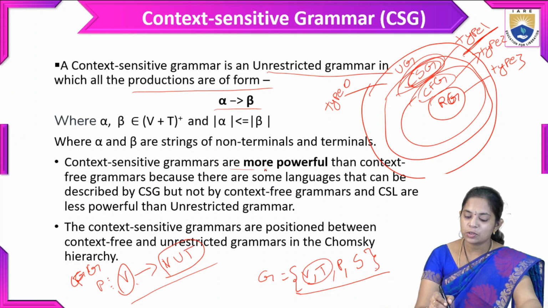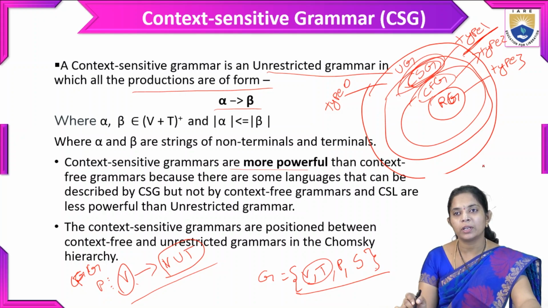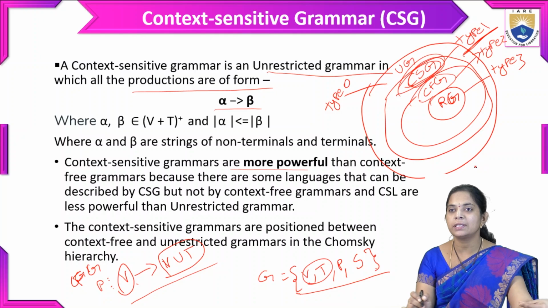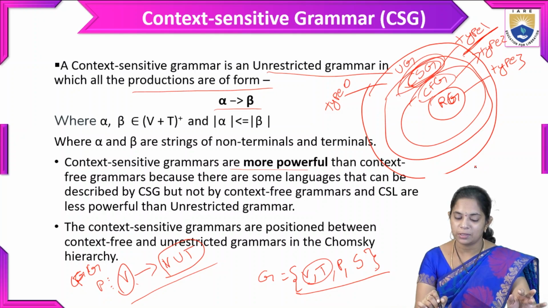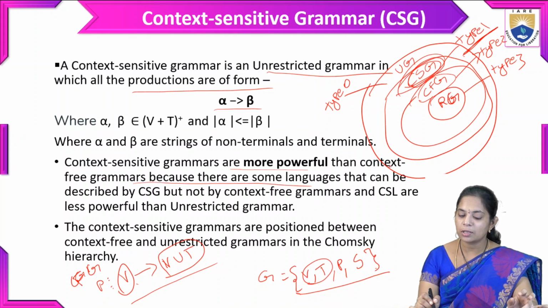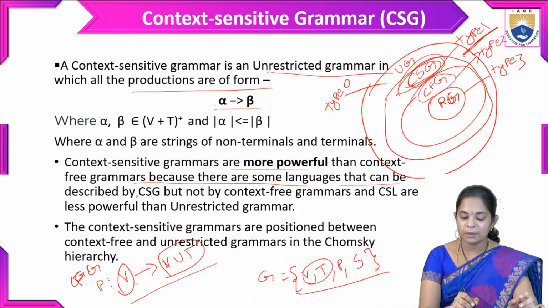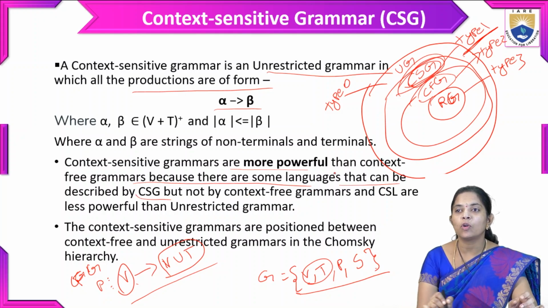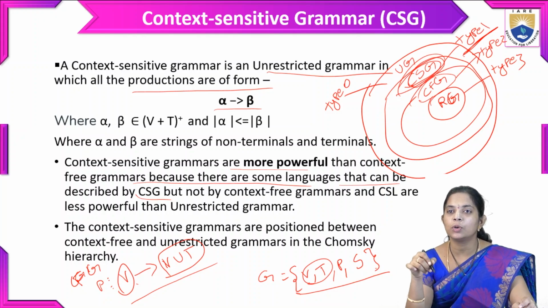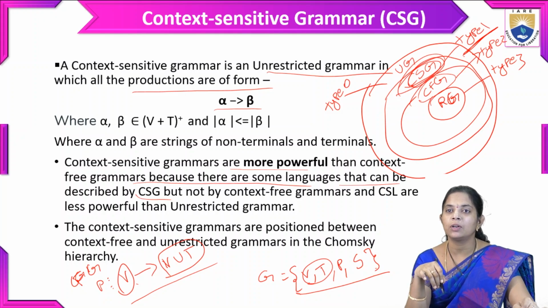Context sensitive grammars are more powerful than context free grammars. Why? Because this limitation is overcome in context sensitive grammars. There are some languages that can be described by a CSG but not by a context free grammar. Obviously, some languages can be represented only with context sensitive grammars, but not with context free grammars.